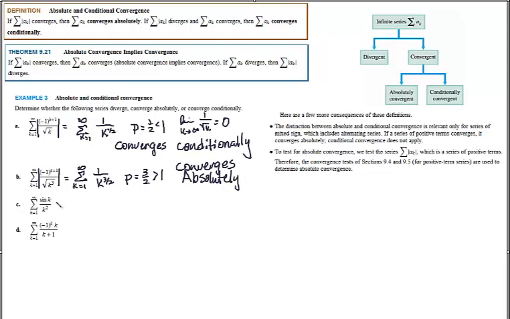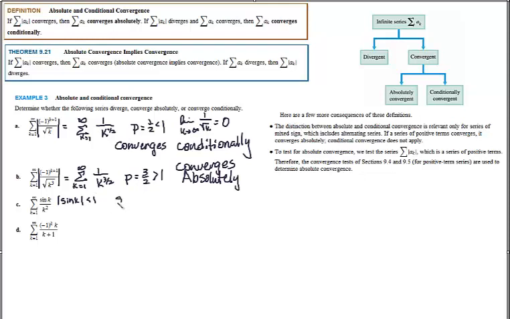The next one we're going to look at is sine of k. When I put in values of 1, 2, 3, I'm going to have some positive and some negative. It's not really just going to go positive, negative, positive, negative. So I can't use the alternating series test because it just doesn't apply, but I do know that the absolute value of sine is less than or equal to 1, and I can use that fact.